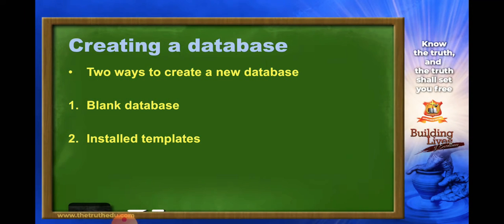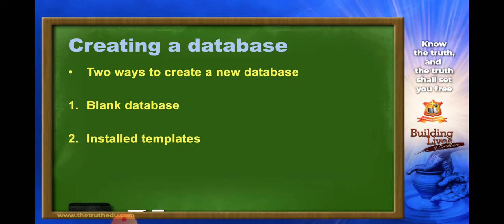So today we are going to learn how to create a database. Students, there are two ways to create a database. One is the blank database option, and the second one is the installed templates option. In a blank database, we build a database from the base, from scratch. In installed templates, you don't have to do much basic work, because those are all pre-designed or pre-installed templates where all the settings and other features are available.